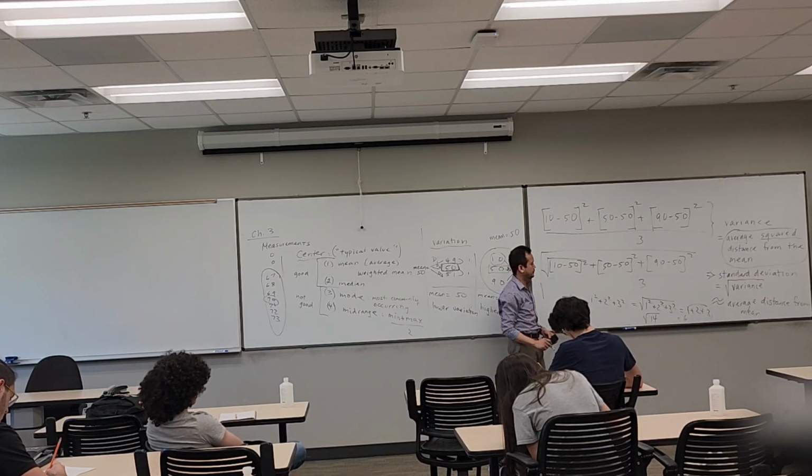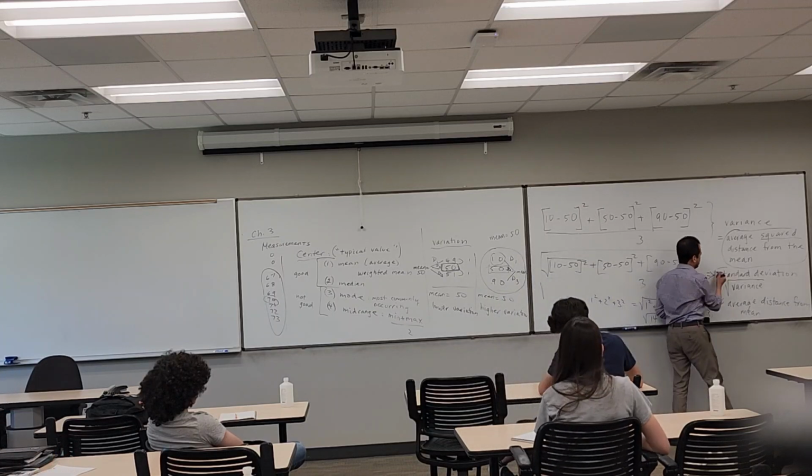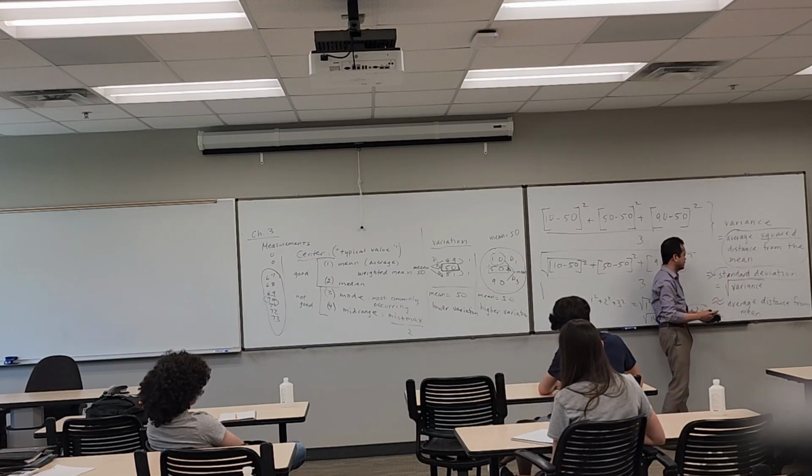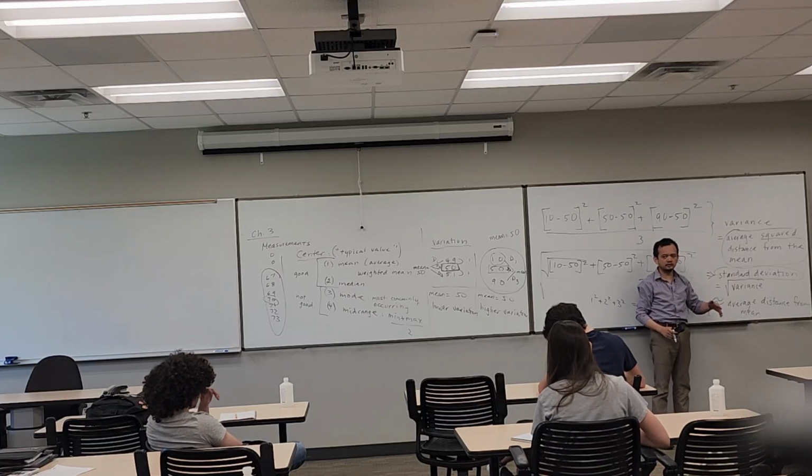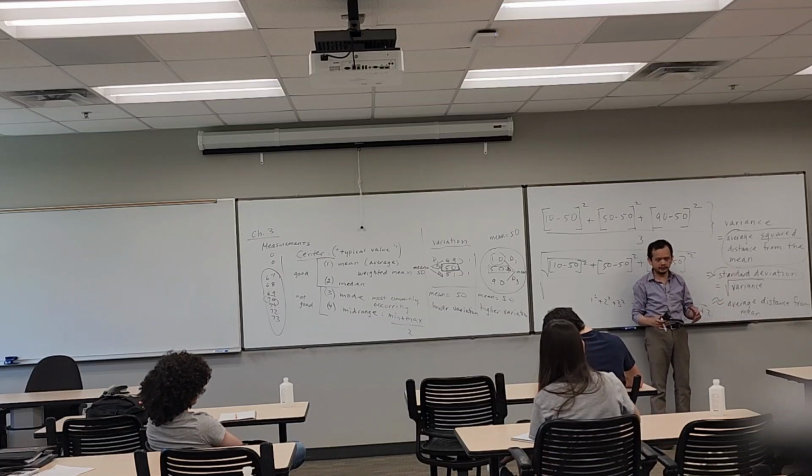Any questions? Okay, so that's what the standard deviation is. Again, you can think of the standard deviation as being the average distance of each number from the mean, but approximately.